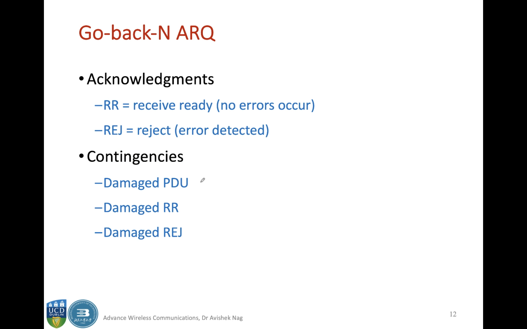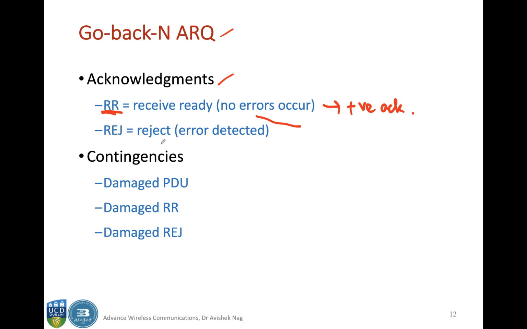So based on these, there are different ARQ mechanisms. One popular one is called go back N ARQ. In go back N ARQ, you can have two types of acknowledgements. One is called RR, which we discussed a few slides ago. This means receive ready, and this also denotes that no errors have occurred. So this is a positive acknowledgement.